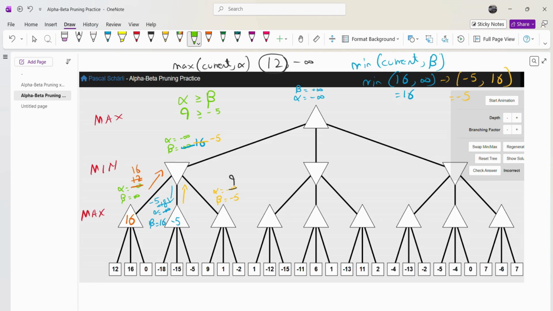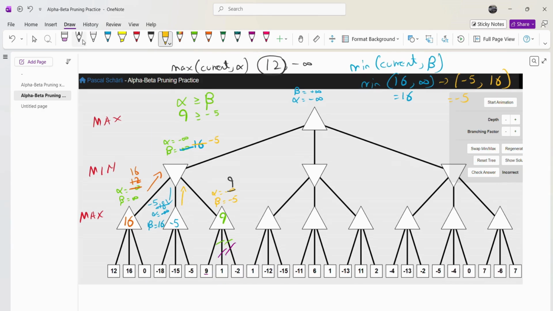This means that this would become 9 and these both would get pruned. So you see, when they are pruned, it makes it efficient because the algorithm does not have to search again for these two nodes, because the values they contain are 1 and negative 2, and both of those values cannot be greater than 9. Now we have these two nodes getting pruned because they fulfill the condition.